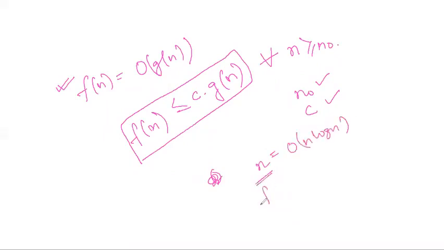So this section is my f(n) and this section was my g(n). So I needed to prove it like this.